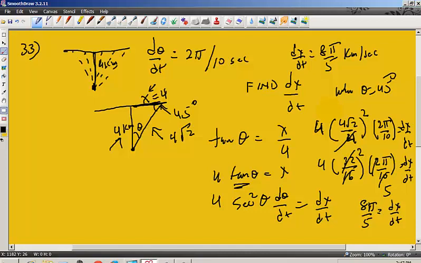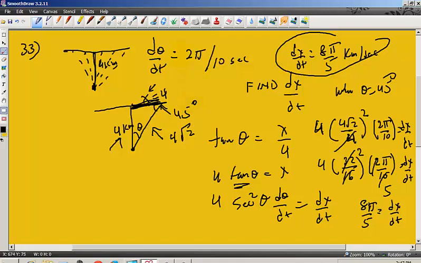Come on, it's right in front of you. It's killing me. I've got to get a negative answer. This cannot be positive because this side is shrinking, right? There's something I did not do that gave me a positive answer.